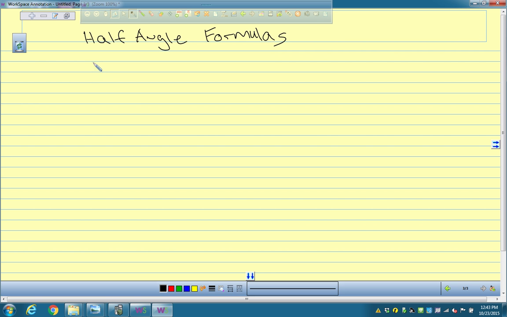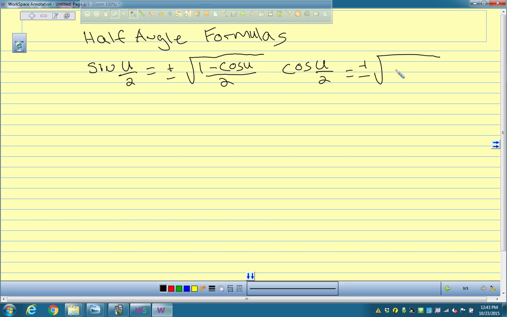In any case, half angle formulas. I'll show you how these are used. These are actually a little more useful. Sine of u over 2 is equal to plus or minus the square root of, I always forget, 1 minus cosine u divided by 2. And cosine of u over 2 is equal to plus or minus the square root of 1 plus cosine u divided by 2.